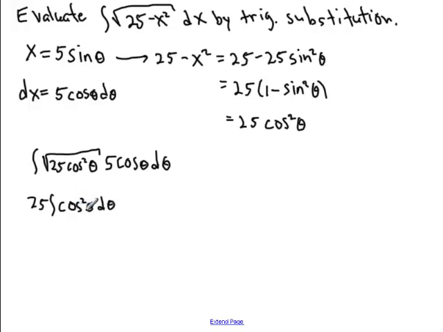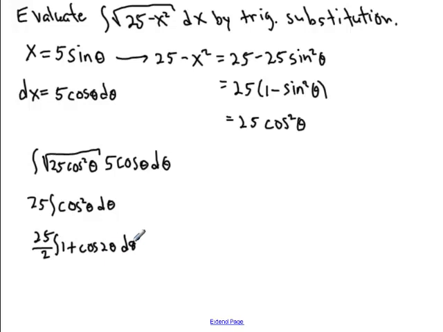And the way to evaluate cosine squared theta is by one of these handy identities. Cosine squared theta is equal to 1/2, which I'm going to put on the outside, so 25 over 2, times 1 plus the cosine of 2 theta d theta.